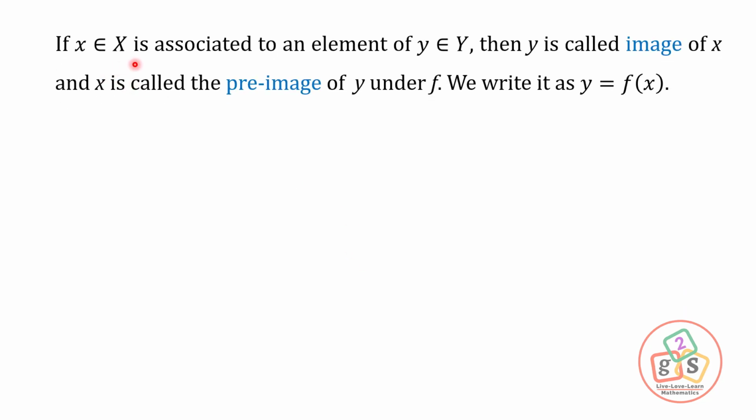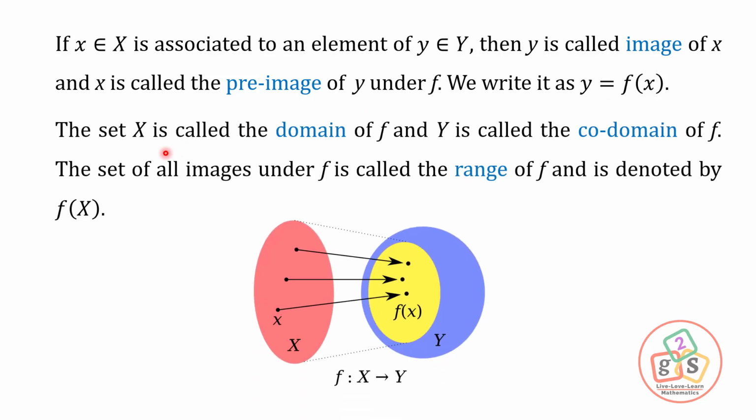If x belongs to X is associated to an element of Y, then y is called the image of x, and that x itself is called the pre-image of y under the mapping f, and it can be written as y is equivalent to f of x. The set X is called the domain of f. The whole set X is called the domain of f, and the whole set Y is called the codomain of the mapping f.